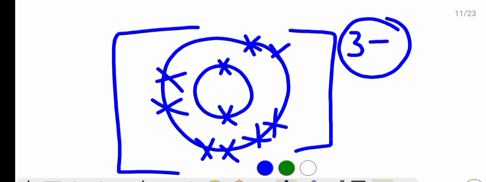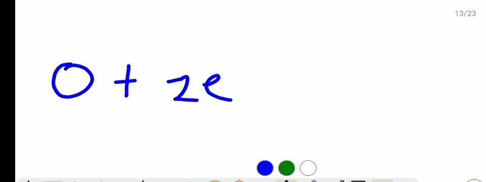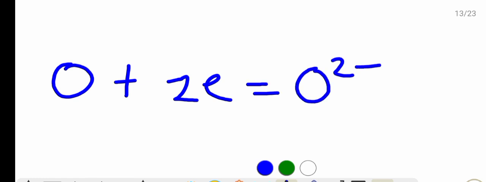All right. So when it comes to writing equations, what was our first atom? That was mono. We used fluorine. So for fluorine, we're saying fluorine plus 1 electron gives us fluorine negative, like that. The second one was oxygen. So oxygen plus 2 electrons gives us oxygen as an ion, like that.